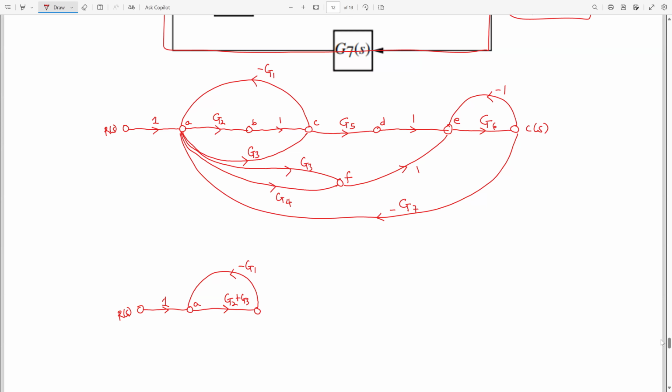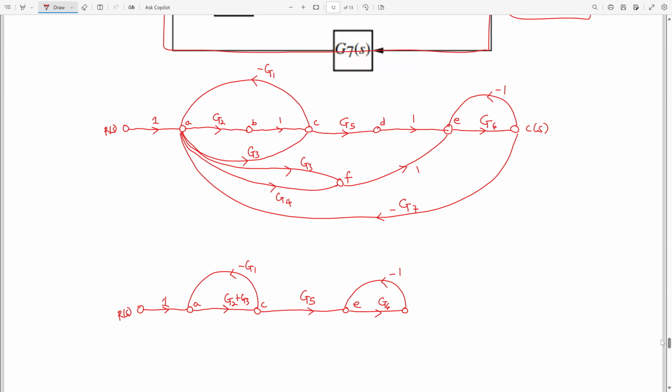So let's continue. This node C, then node E, G5, to G6, and draw it from here, minus 1. Okay.